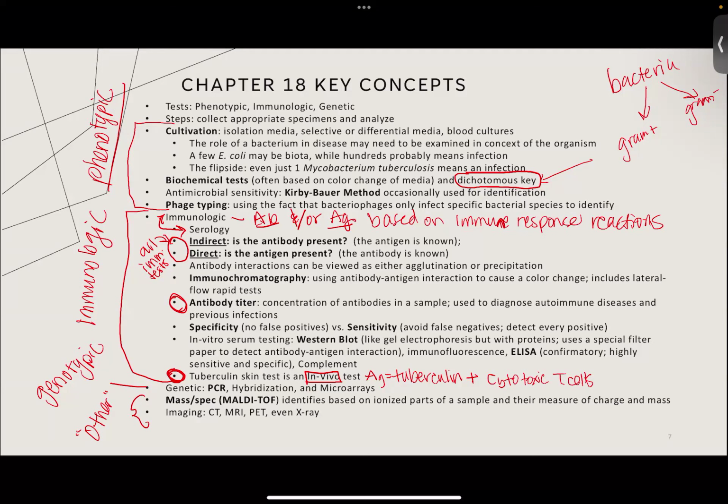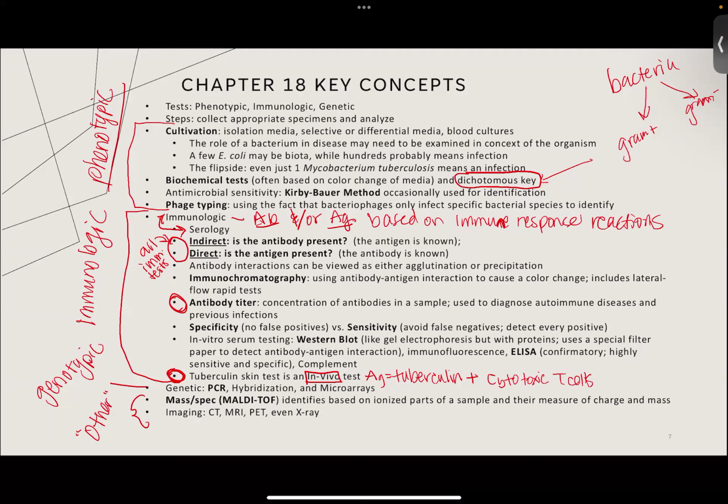Immunochromatography. This is using a laminar flow test, which is basically just a fancy way of saying fluid is going to flow across a filter paper. That's laminar flow. So we are having lateral or laminar flow of a sample across a filter paper. And when the sample touches the antibody line on the test, you'll see a color change.